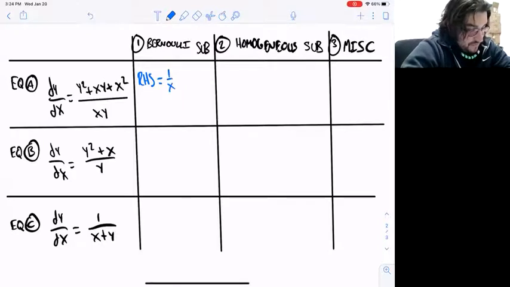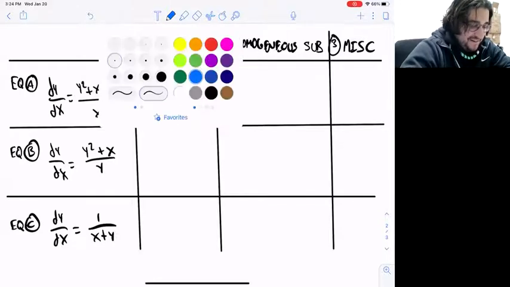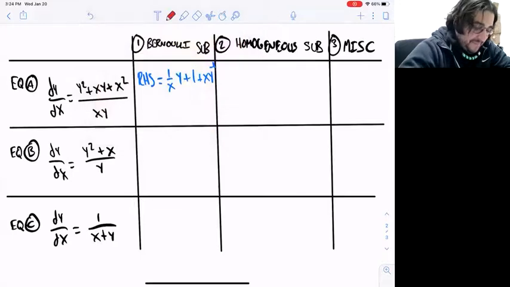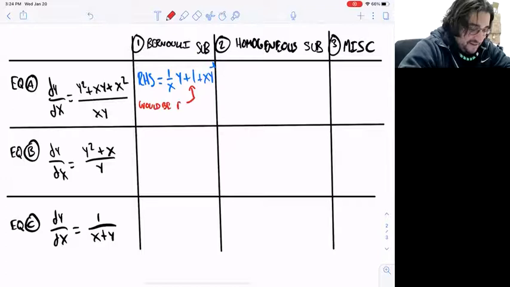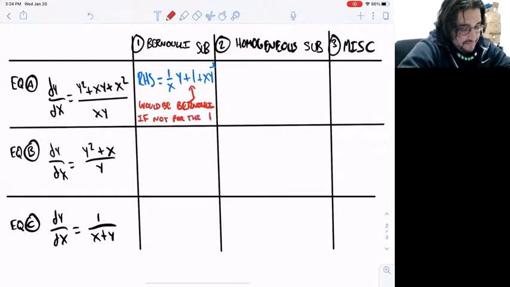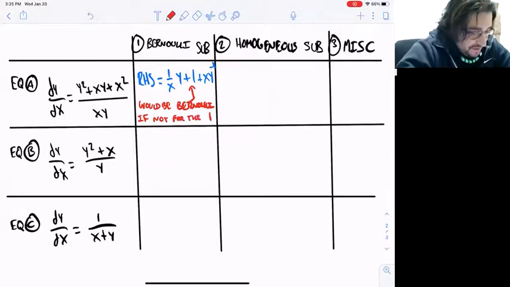It could be 1/x times y, plus 1, plus x times y to the minus 1. It was almost Bernoulli, right? That 1 broke it, right? It would be Bernoulli if not for that 1, right? So that's the holdup there.